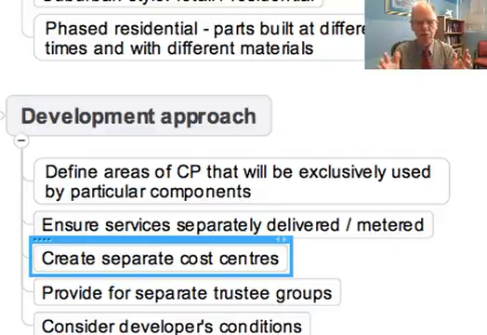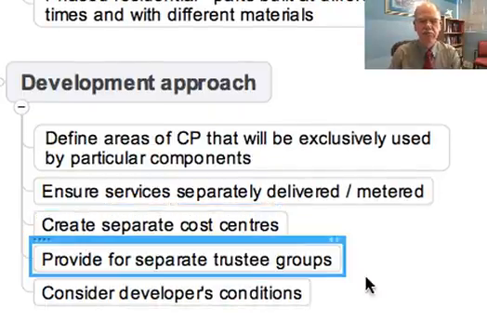Yes, it will be within the confines of the Act, but there will be sub-accounts in terms of which the residential and the commercial and whatever else exists will be run, and levies will be collected differently. And you provide for separate trustee groups most normally, at least to consider those things that only affect one particular group, one particular component in the scheme.